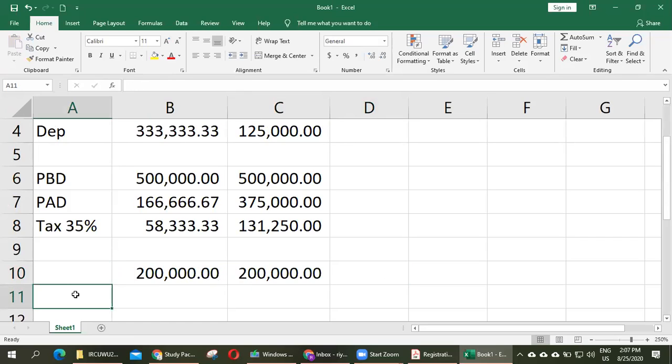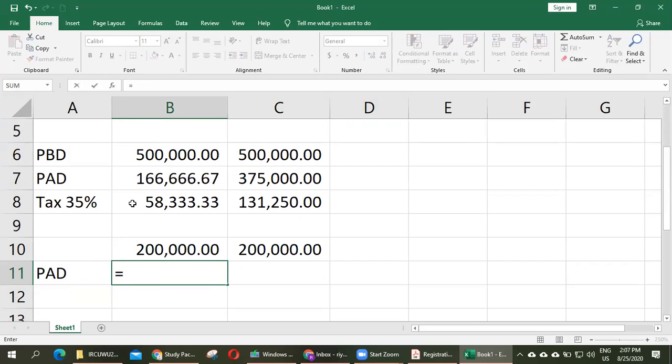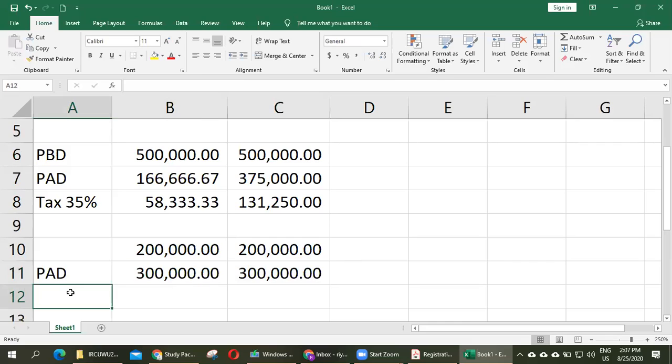Now see tax, profit before tax, profit after depreciation. How much? Profit before depreciation is 500,000 minus 200,000. Both companies' profit is 300,000. Now tax at 35%.